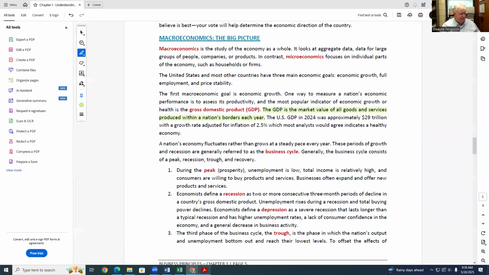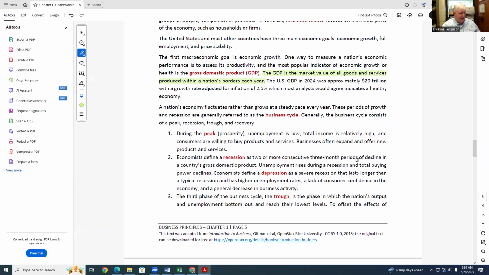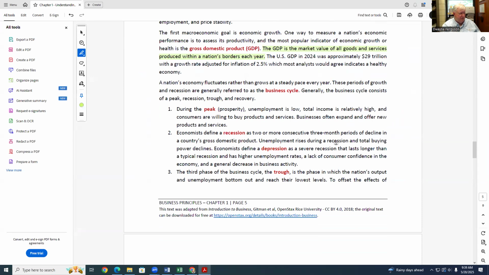But anyway, I put the new numbers in, $29 trillion, growth rate of 2.5%. We still have a healthy economy. Of course, the president is trying to get more manufacturing to come back to this country, and when that happens, GDP will continue to grow.